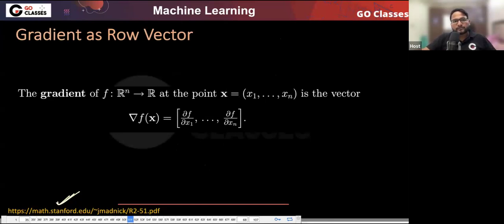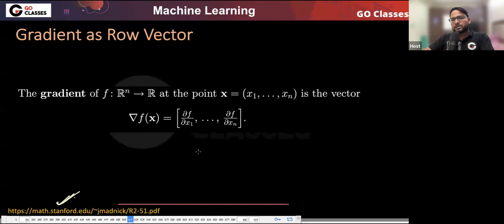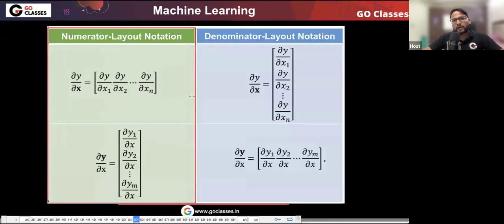Is this fine to everyone? Both of the slides are from Stanford only. In one place they use a column vector, in another place a row vector. Actually, this is called layout.